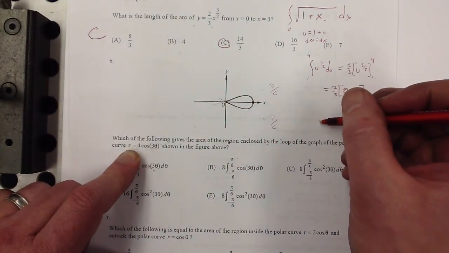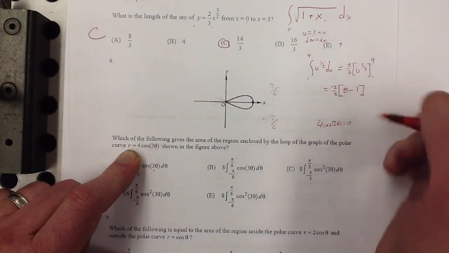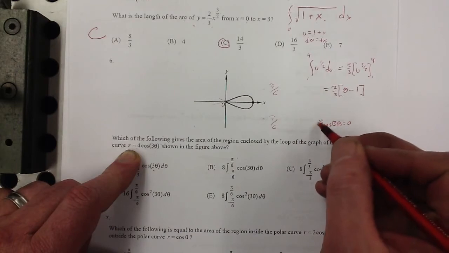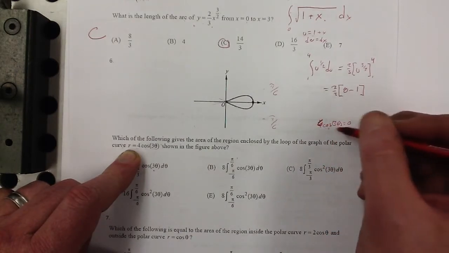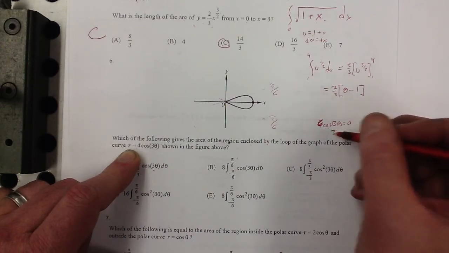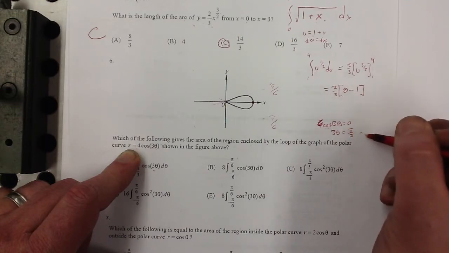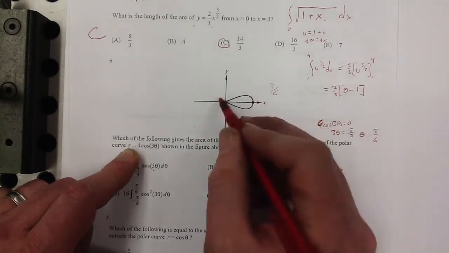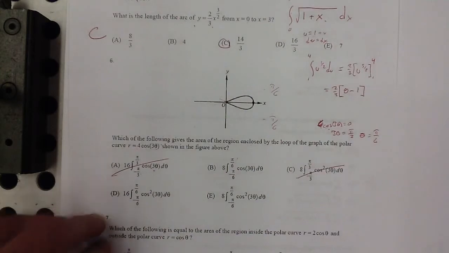So when does 4 cosine of 3 theta equal 0? Well, divide both sides by 4. That doesn't matter. If we want it to be 0, that has to be 0. And cosine of pi over 2 is 0. So we're talking about when 3 theta is equal to pi over 2, and that happens when theta is equal to pi over 6. So just by inspection, that gets rid of that and that.